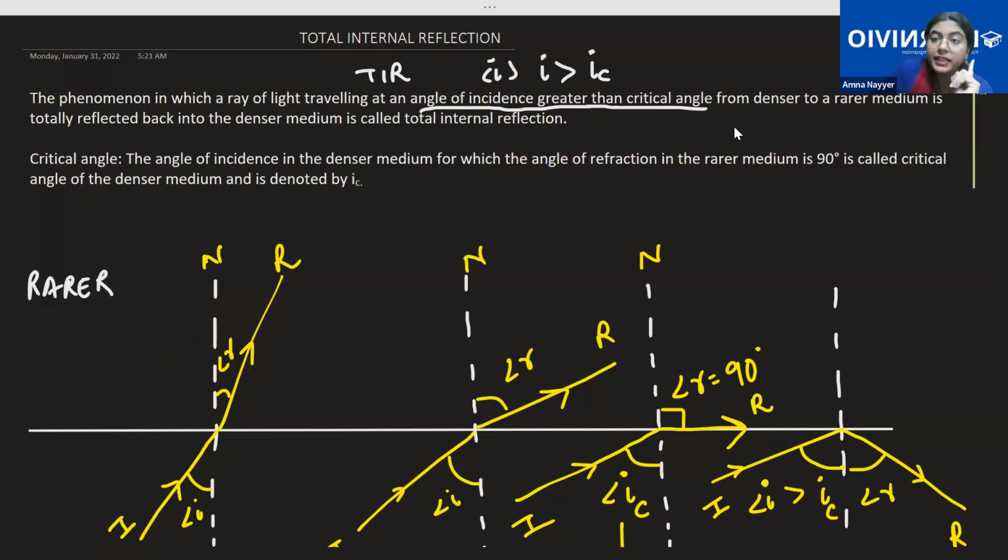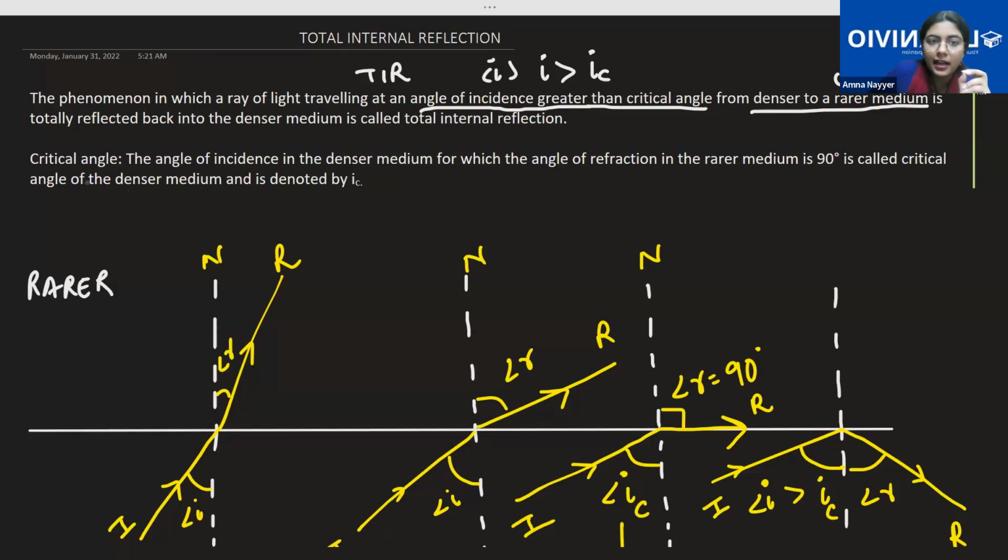Second is from denser to rarer medium. This is the second condition. So the phenomenon in which a ray of light traveling at an angle of incidence greater than the critical angle from denser to rarer medium is totally reflected back into the denser medium only, which is known as the total internal reflection. The term TIR can also be given in the exam.